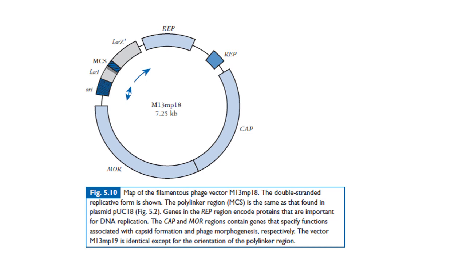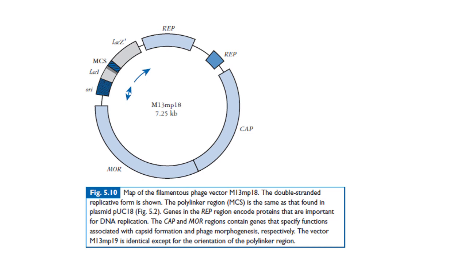bacteriophage M13 has a cycle of single-stranded DNA which can be manipulated, which is useful during sequencing and all. You can see here some genes like the REP region encodes proteins that are important for DNA replication.